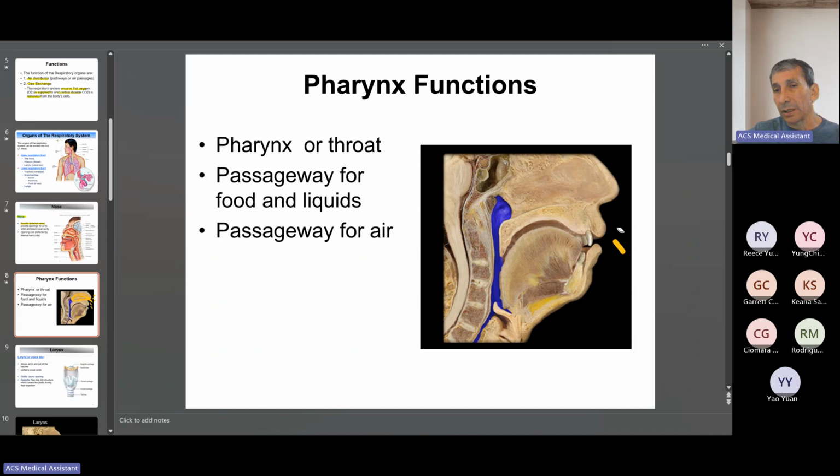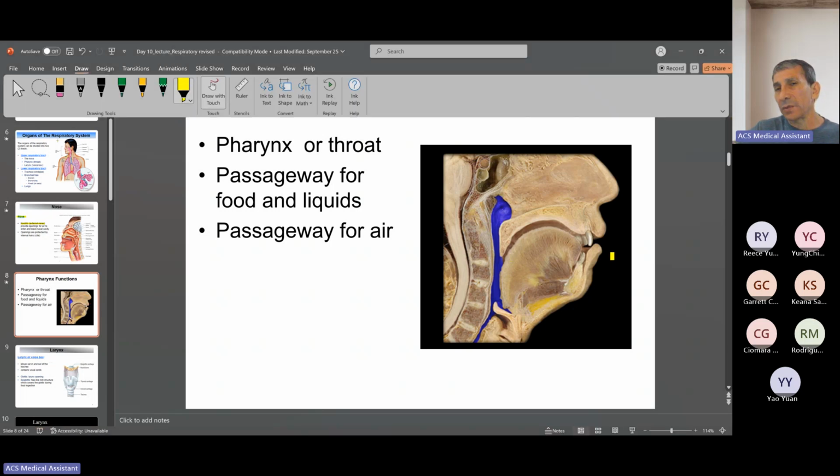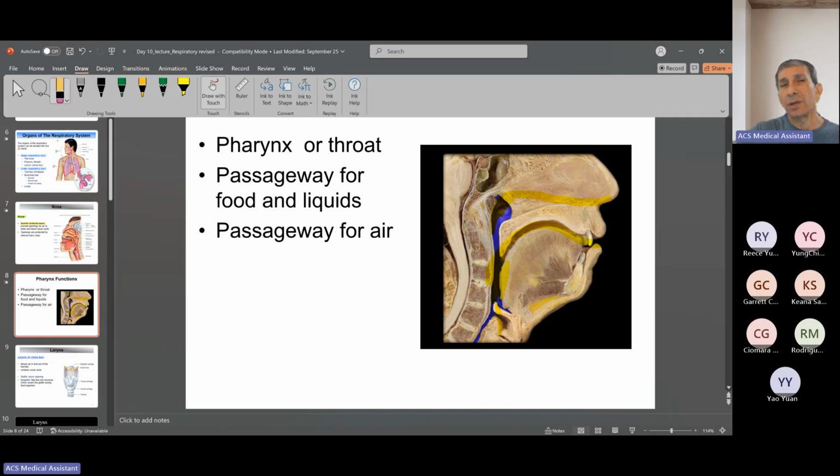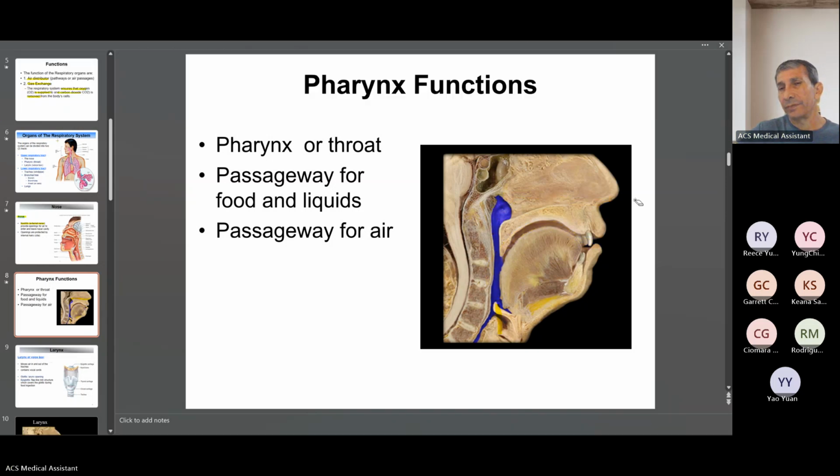Only air can pass through the nose, but the pharynx has more functions because it connects with the mouth. You see right here, the mouth ends up in the pharynx, and the nose ends up in the pharynx. At the end, the pharynx connects with the larynx, which is the voice box. So these are passageways only, and air is passing through all these structures.